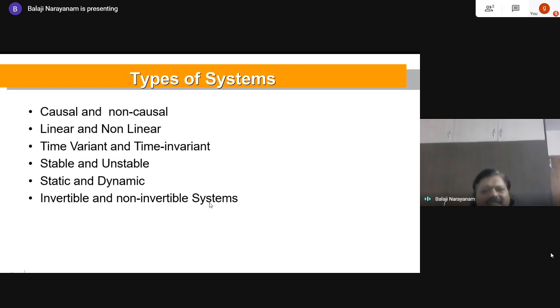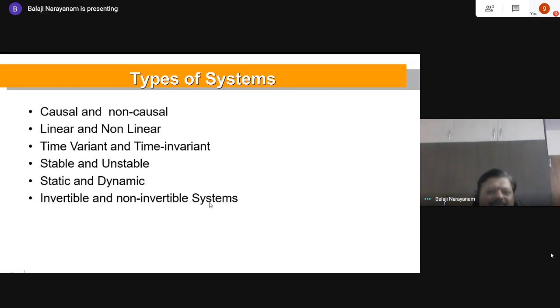In this particular session, we are going to thoroughly discuss how to determine which particular kind of system a given system belongs to among these different types, which is very important, and you may expect a definite question in the GATE exam based on these types of systems. Before going to different types of systems like causal and non-causal systems, we will try to understand causal and non-causal signals.